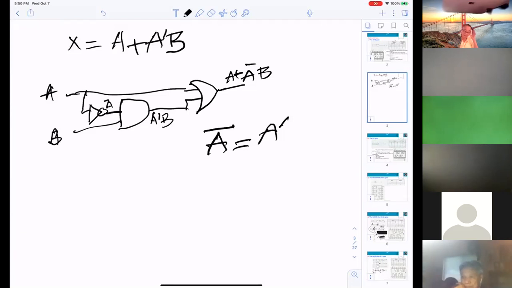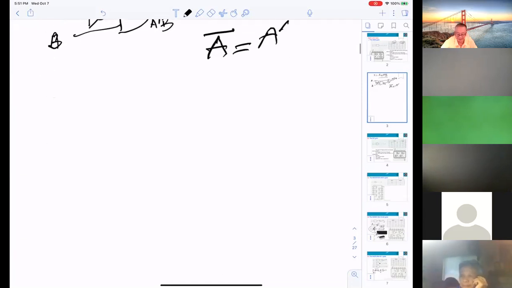So this circuitry, how many gates? Three gates. Okay. So basically they have to use Boolean to simplify this one, to get fewer gates. I can show you here.